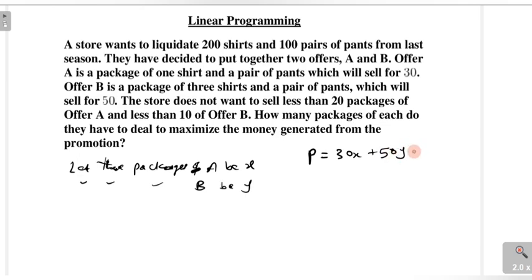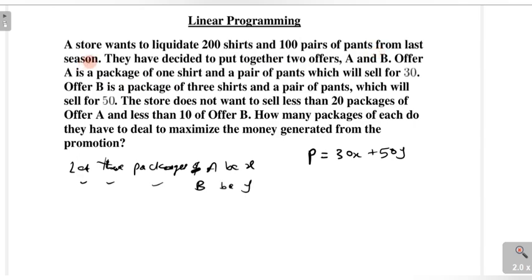Okay, so now that's the first equation that we're going to get. So this is called the objective function. The objective function is the equation that maximizes the what? The profit.